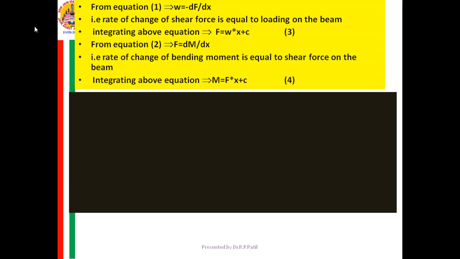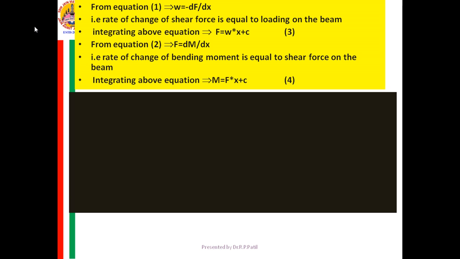Okay. Go for equation 2. F is equal to dM by dx. That is, rate of change of bending moment is equal to shear force on the beam, or M is equal to Fx plus C. Now we need to imagine the different situations.